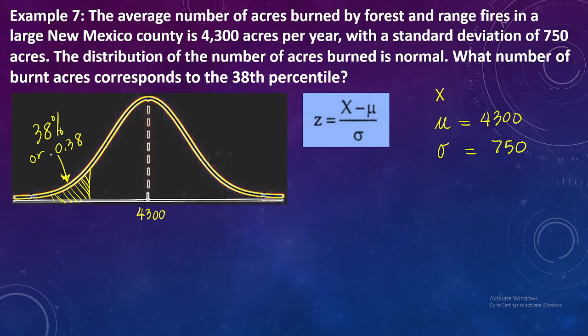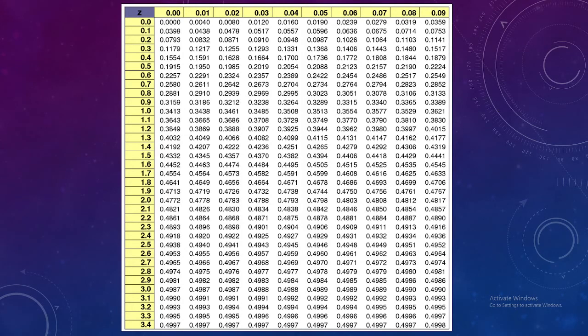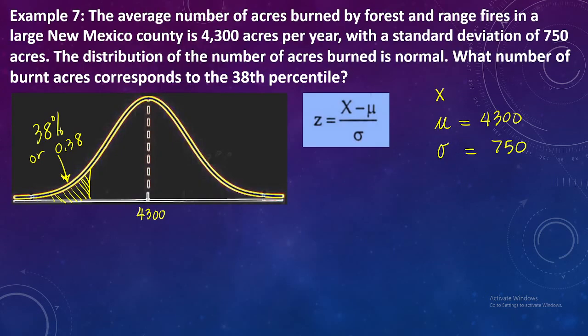So for this 0.38, we will locate it in the z table. Sorry. We will not be using 0.38 in locating.